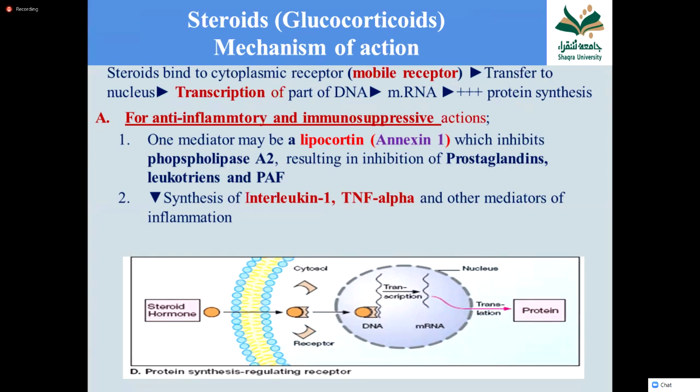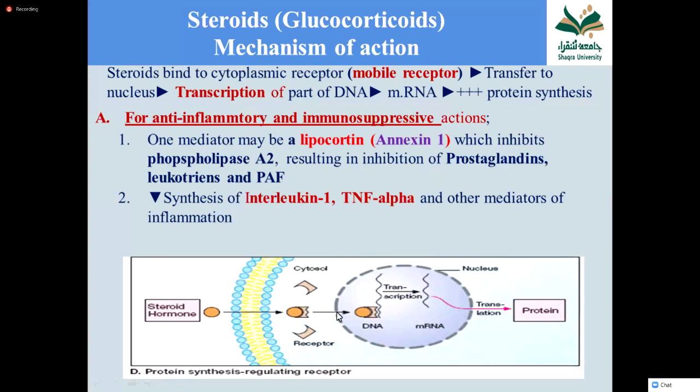These are steroids. And as I said, glucocorticoids have the anti-inflammatory effect, so we will study only the glucocorticoids. How they produce their effect is, they enter the cell and bind to the cytoplasmic receptors. These are steroid receptors.